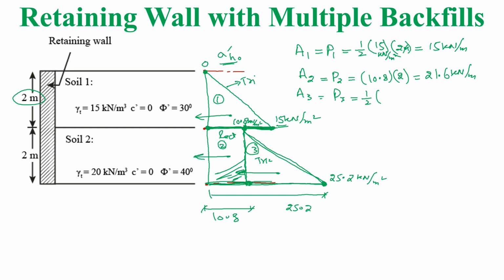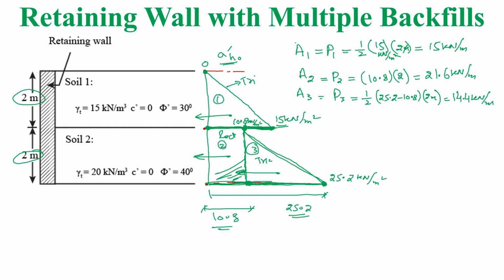So to get the base of this triangle we have to subtract 10.8 from 25.2. So we'll write 25.2 minus 10.8 into what is height of this triangle, again 2 meters. So the force at third figure will be equal to 14.4 kilonewton per meter.